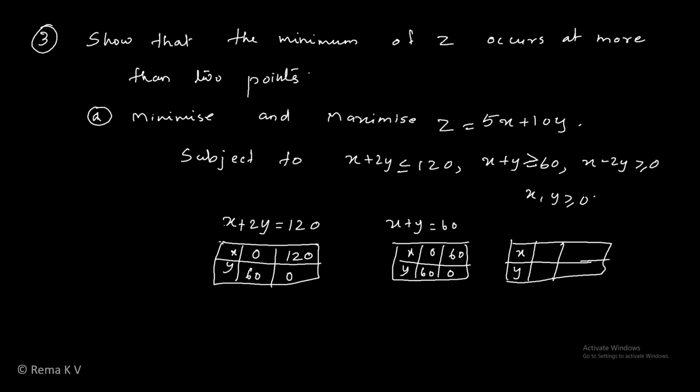And the third one is x minus 2y equals 0. When x is equal to 0, y is also equal to 0. Then you have to give some other values.